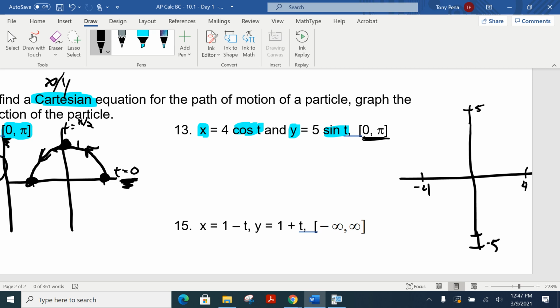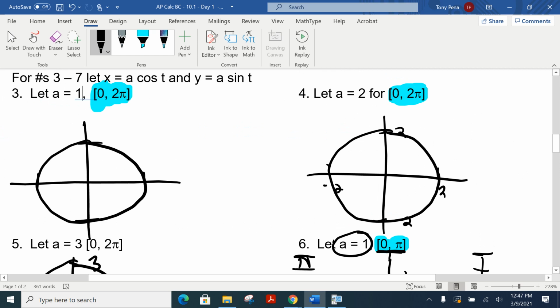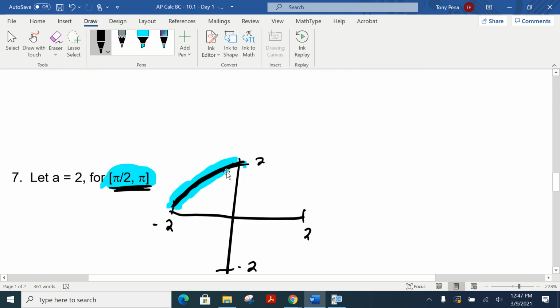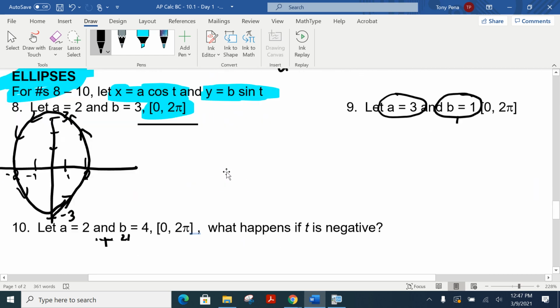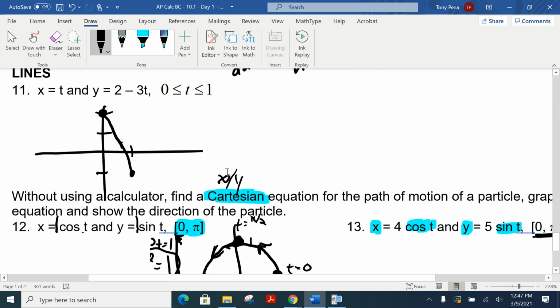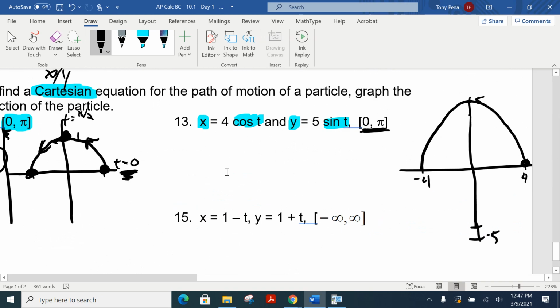We only want to go 0 to pi, but this should behave very much like the unit circle. So this should take us first and second quadrant only. So this graph should look like half of an ellipse. Because it's the same as the unit circle, it should go counterclockwise, just like the unit circle does. So we can indicate that.